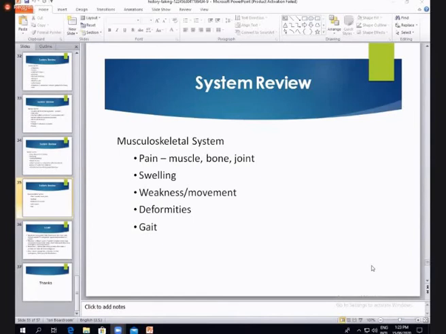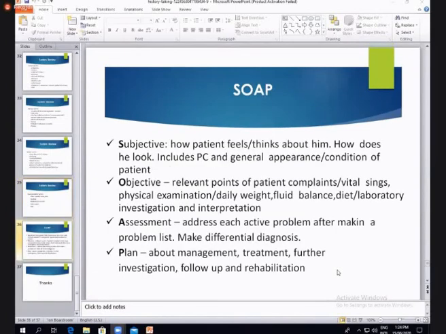By the way, it should be remembered that gait disturbance can fall under the domain of neurology as well as the musculoskeletal system, because the gait is controlled by the central nervous system. But if the patient is having any difficulty in any part of the joint that is involved with walking, the gait is going to be eventually compromised. So you need to be vigilant while dealing with the issues in gait.